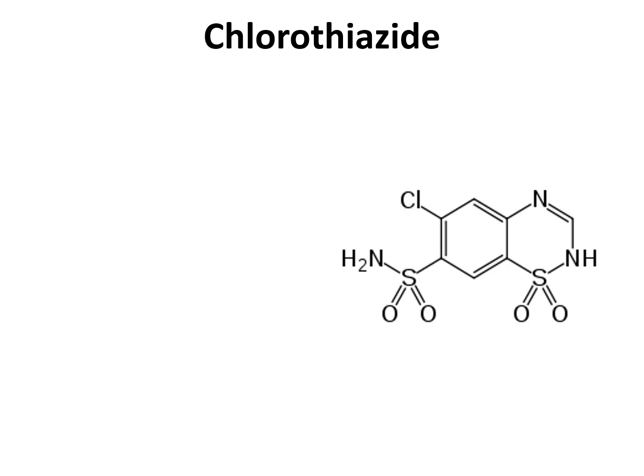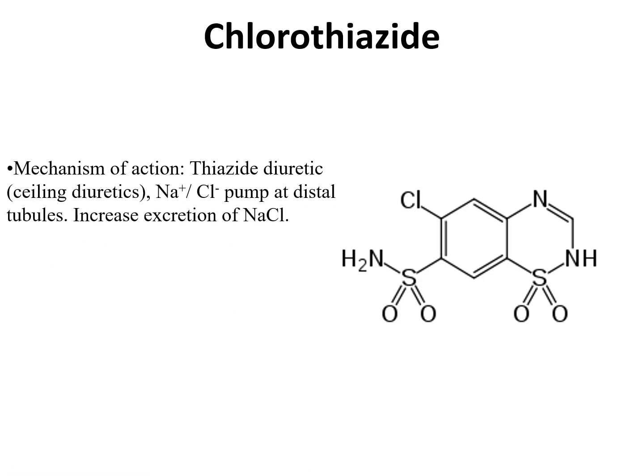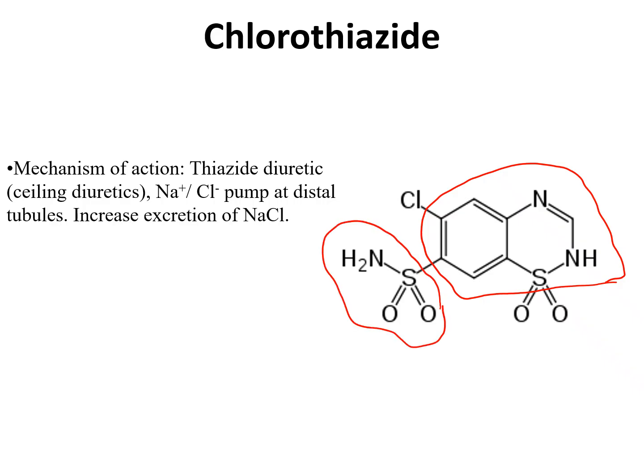Right? The most important point is the core structure, the benzothiadiazine structure. We also have the sulfonamide, which is negatively charged at physiological pH as we said, and which is the cause of allergies sometimes in some patients. Also there is an electron withdrawing group, important to increase the acidity of the sulfonamide. These are the 3 elements we talked about.